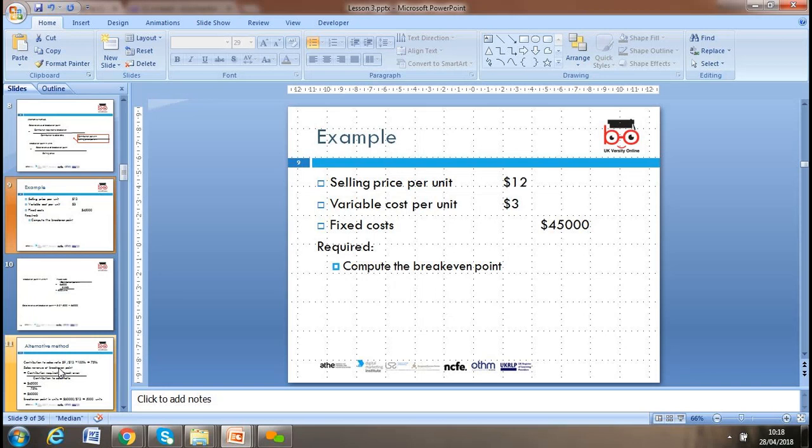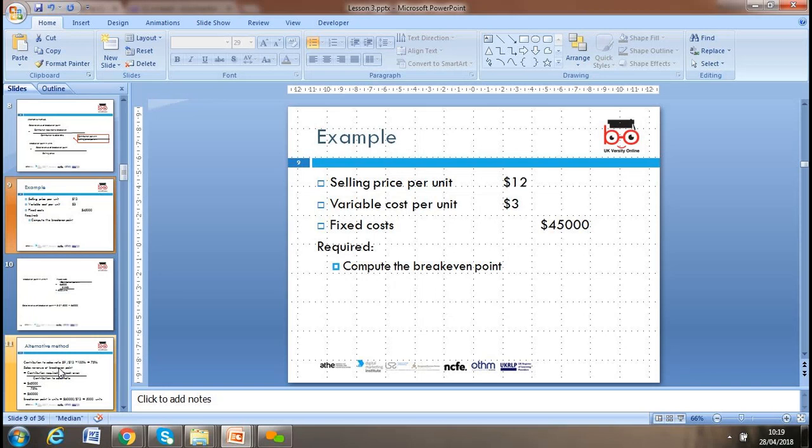The formula for contribution per unit is the difference between the selling price and variable cost per unit. So the selling price is 12 and the variable cost is 3. So 12 minus 3 would be 9. So basically 45,000 divided by 9.